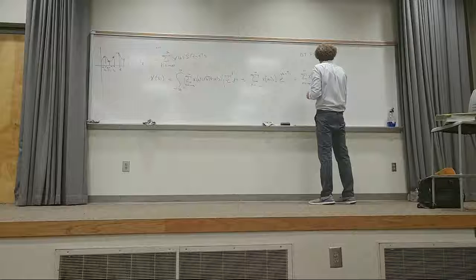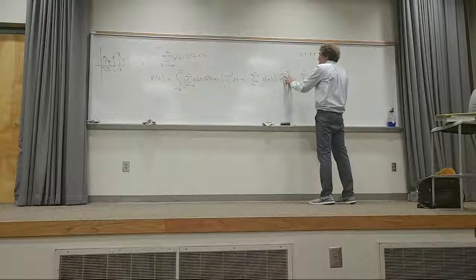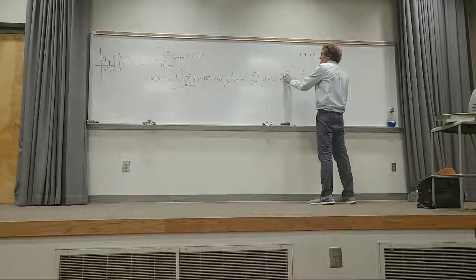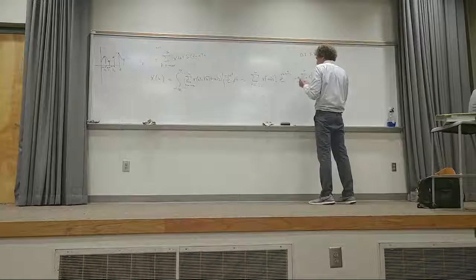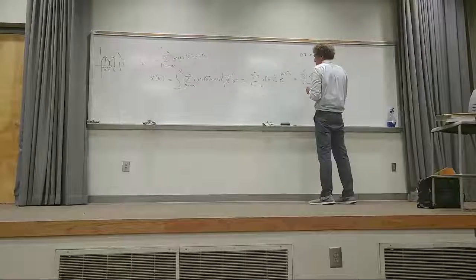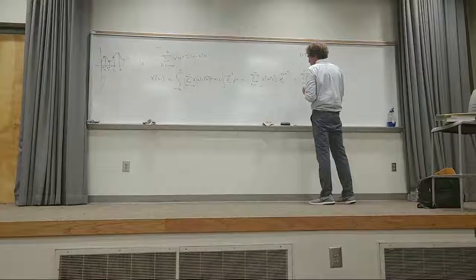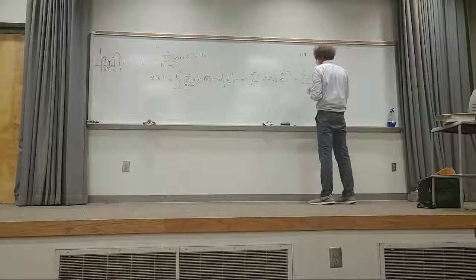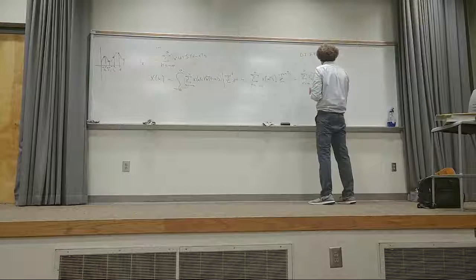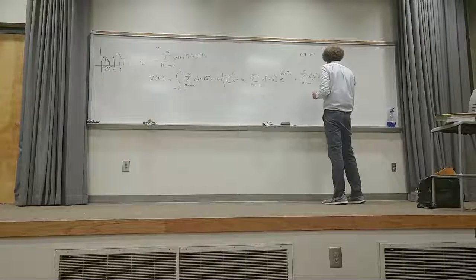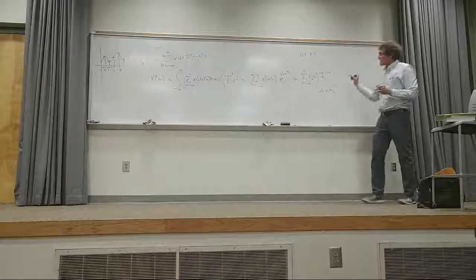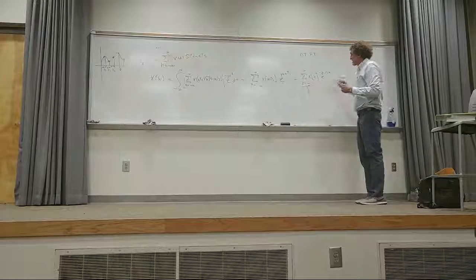And it's times e to the minus j, but now instead of omega n Ts, they just put capital omega times n. So really capital omega here is equal to omega times Ts. And this is the definition right here of the DTFT.